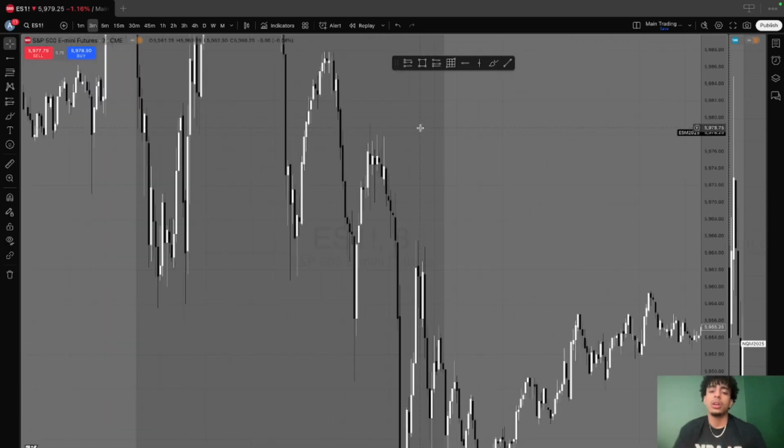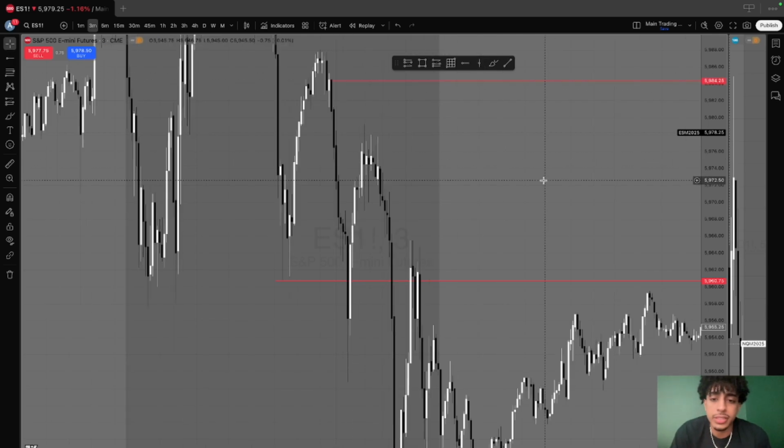All right. Just for like an example type of thing, right? We sweep this low down here, right? Now the body of what candle would we need to get a close above to hope to get a retrace to? I'll give you a second. It's unfortunately this high right here because it's the series of candles, right?